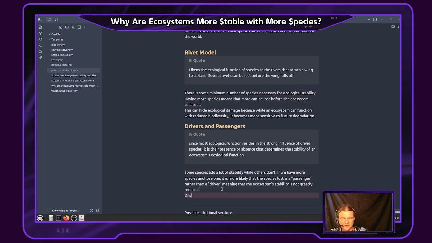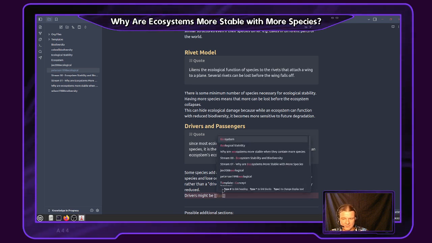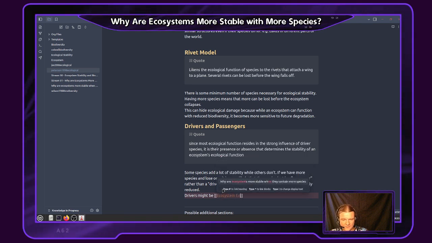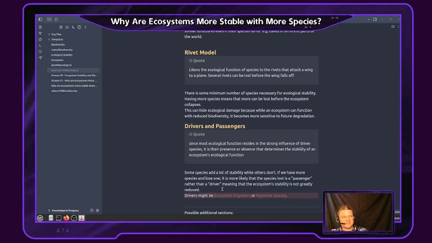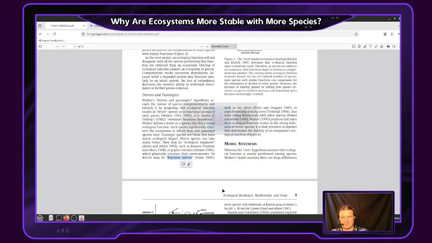So say drivers might be, and we'll make some links here, keystone species. This is a note that I'm taking because it's interesting to me. It doesn't necessarily add much to our answer right now, but we could definitely look at this in the future.